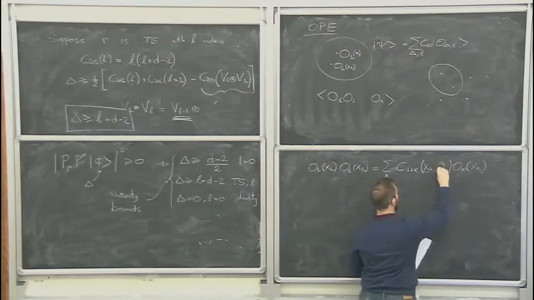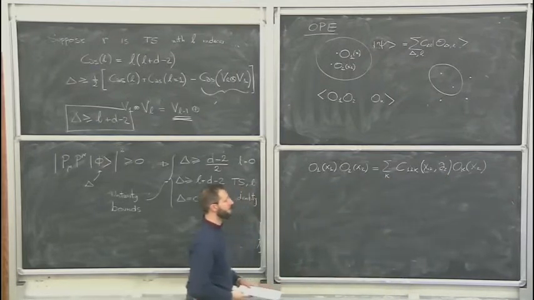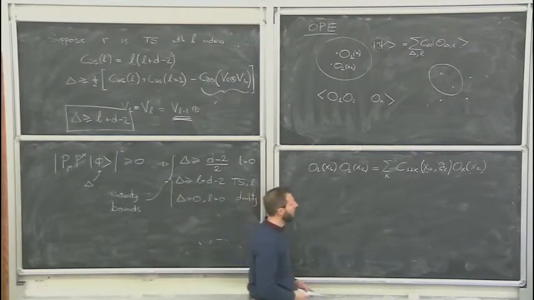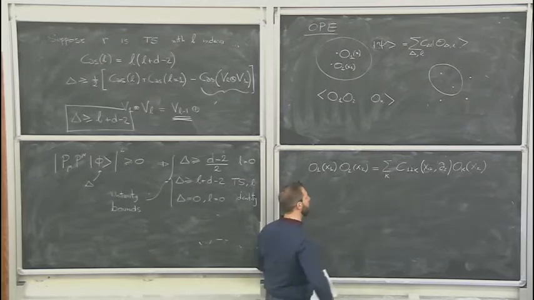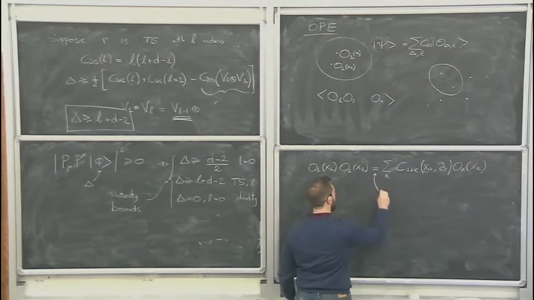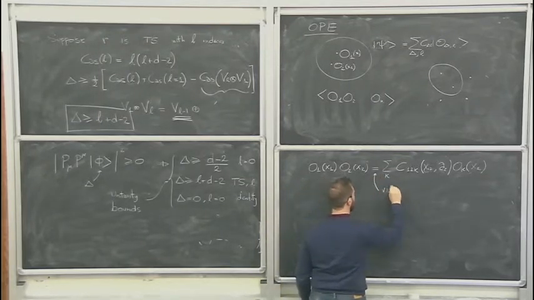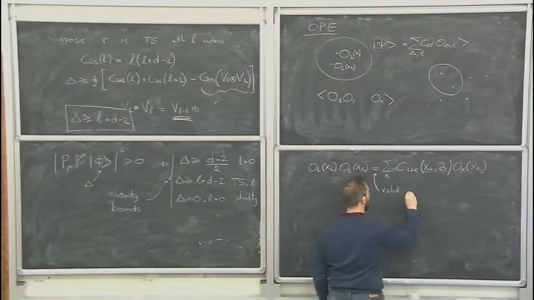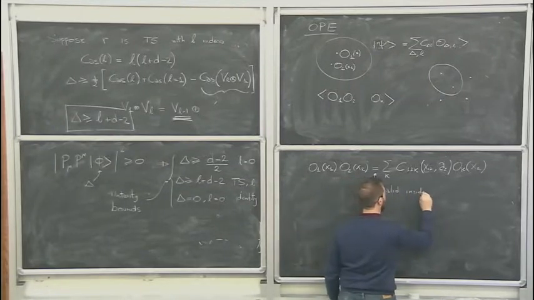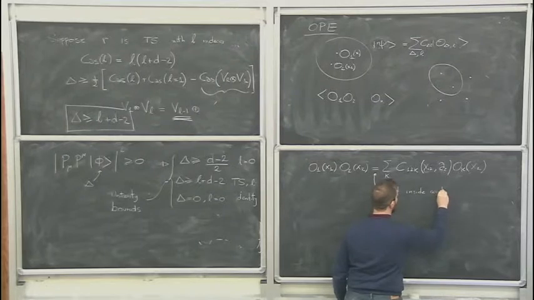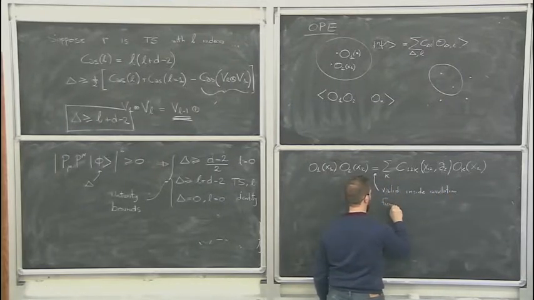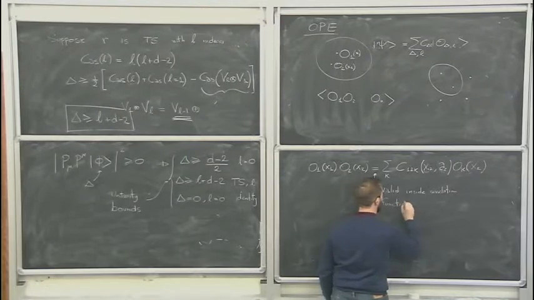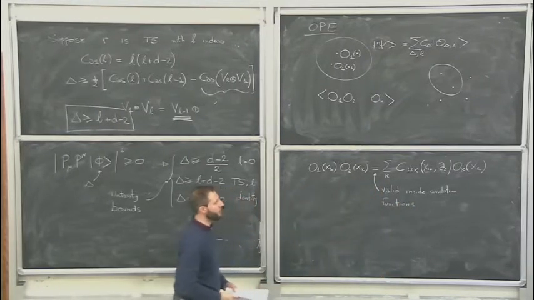Well, let's literally use derivatives with respect to the point 2. So this statement here, which is, again, I stress, valid inside correlation functions, is called the operator product expansion.